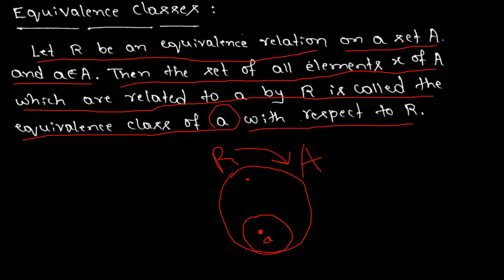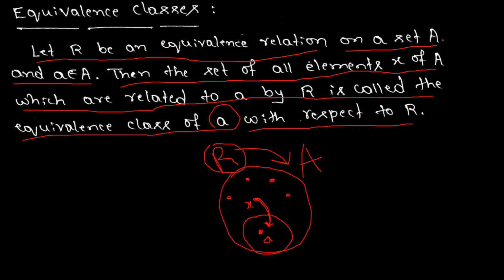We collect all X. Some more elements will be there here. What we do is we collect all elements and put here which are related to a. Suppose this is your X, and if you know X is related to a under the relation R, then we take that element and put into the set.